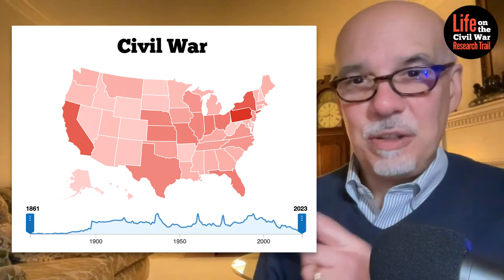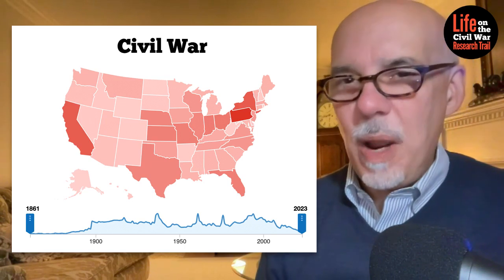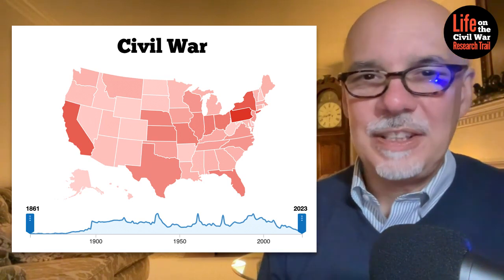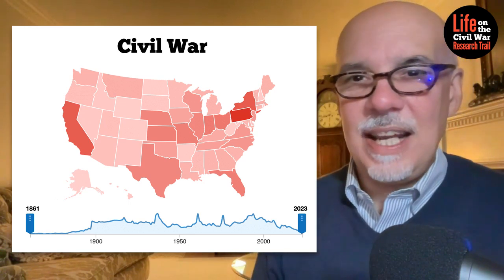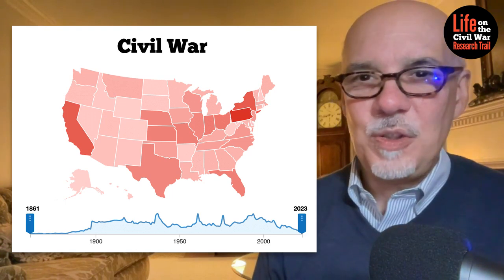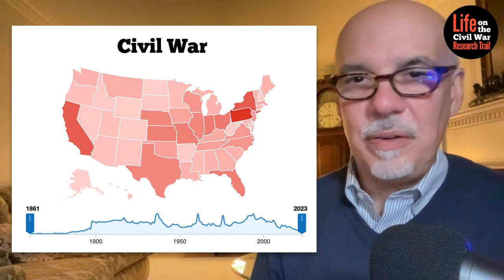And so the graphics that I'm going to show you, I've got 12 different names that I looked at. If you look at the graphics, you'll see very obviously the map of the United States, and the darker the highlight color of red is where the intensity of that name was used the most.